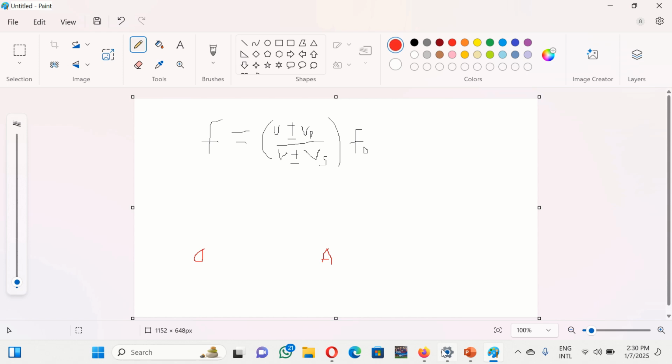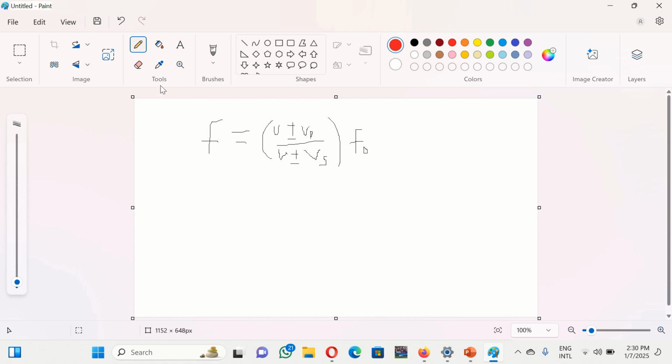Now let's get back here. So we are there already. If it will increase, then definitely we should get something like that. I'm just teaching you the ways you can use to derive your formula for every question. So this will increase because the source is moving towards a stationary observer.